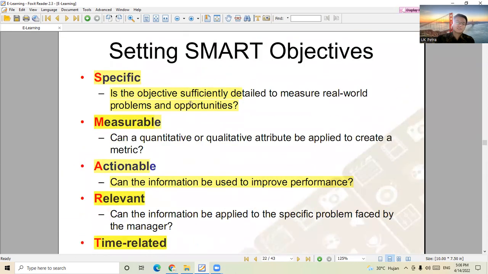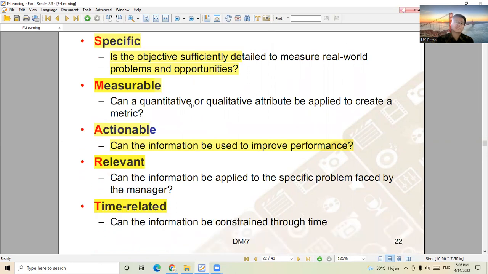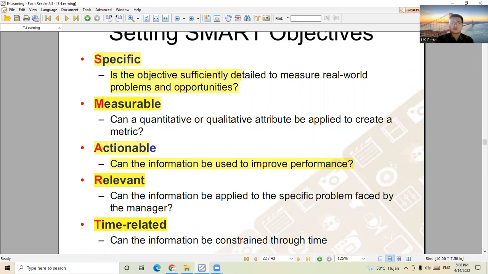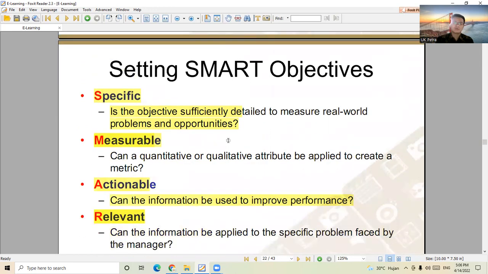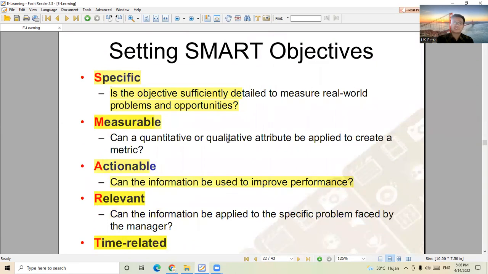There are many tools that we can use to check whether our objectives are good enough. We cannot just say, oh, we have these objectives, objective A, B, C, D until Z, without any more consideration on these several things.